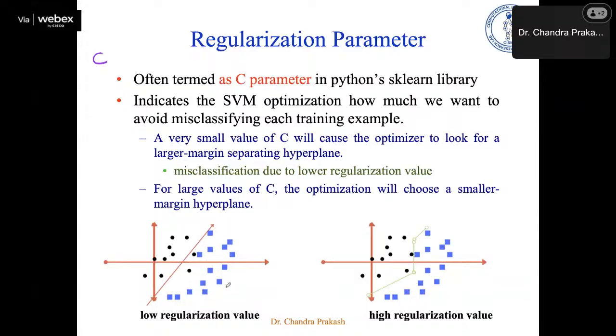What is the meaning of it? A very small value of C will cause the optimizer to look for a large margin separating hyperplane, with more misclassification due to the lower regularization value. For a large value of C, the optimization will choose a smaller margin hyperplane.